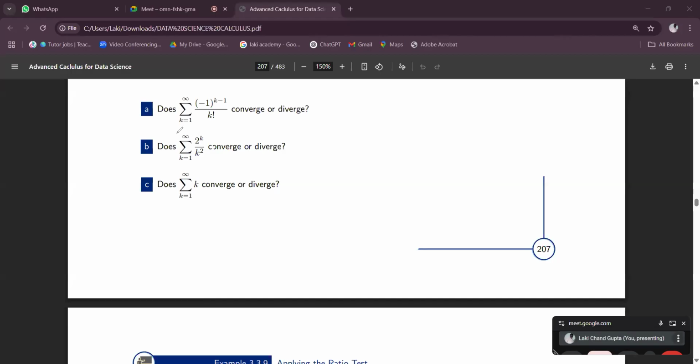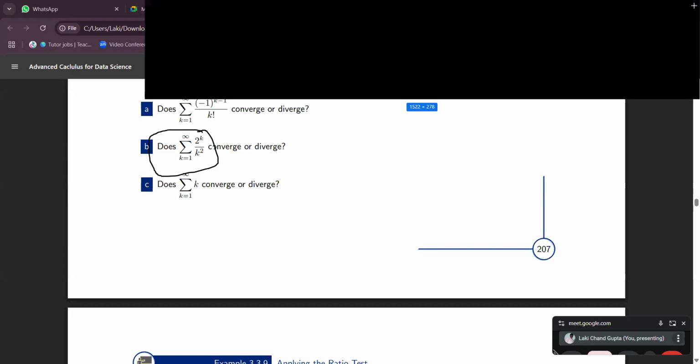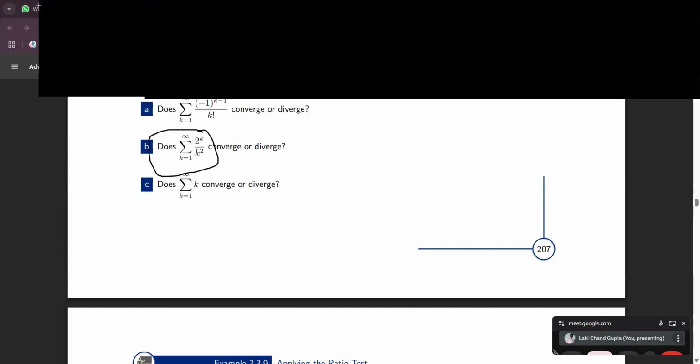Now you can see this. Again, use the ratio test. Here a_k is what? If sigma is given, then always consider it a series. Okay.